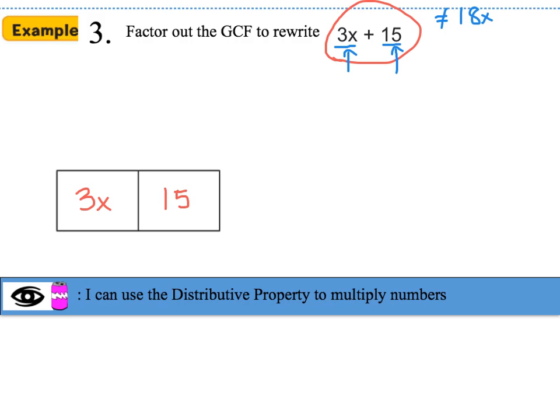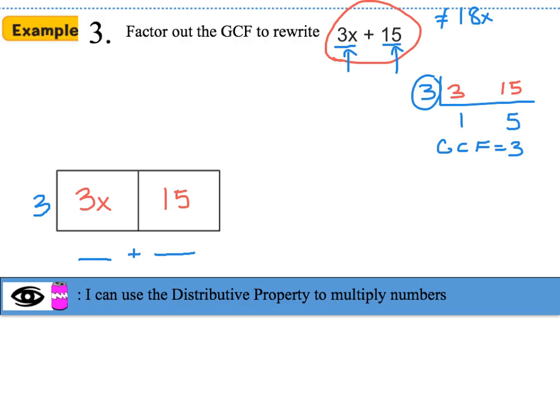So let's go ahead and figure out the GCF of 3 and 15. GCF becomes 3. I'm going to write the GCF on the left-hand side of the model. Now our job is to figure out how long the first part of the model is. I'm going to write a plus sign here because the problem has an addition sign, and figure out how long the second part of the model is. In order to figure out how long one side of this is, let's take the area, which is 3x, and divide it by the greatest common factor of 3.